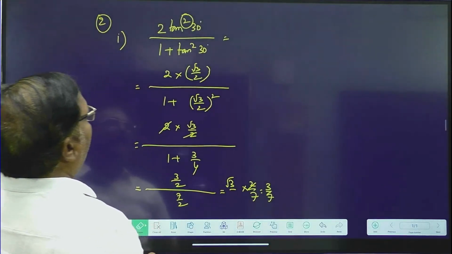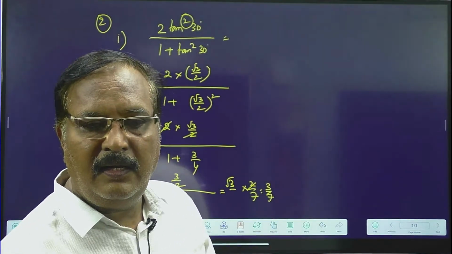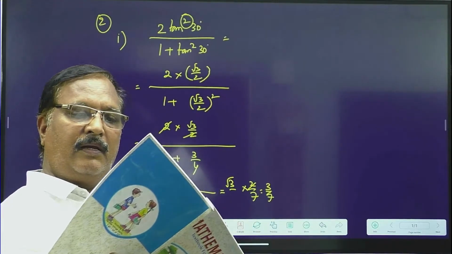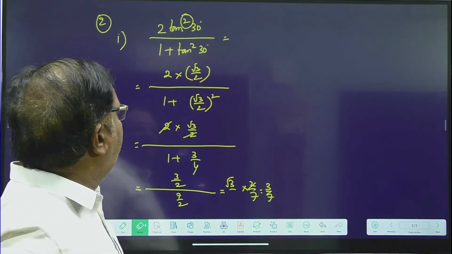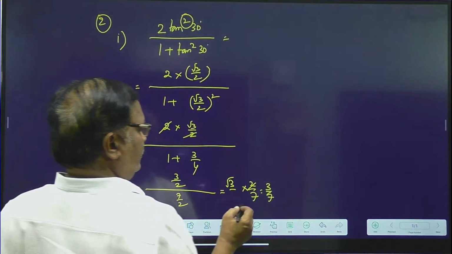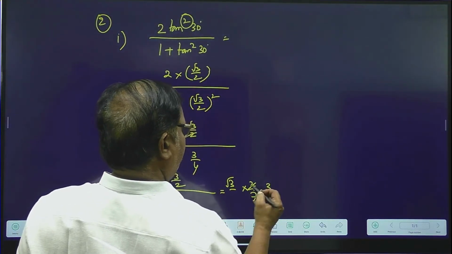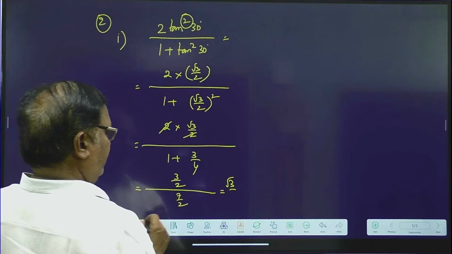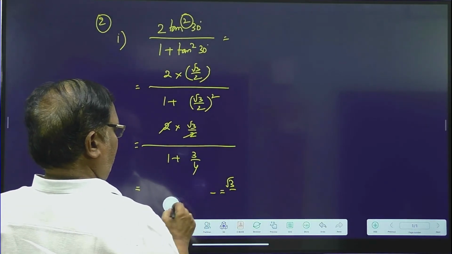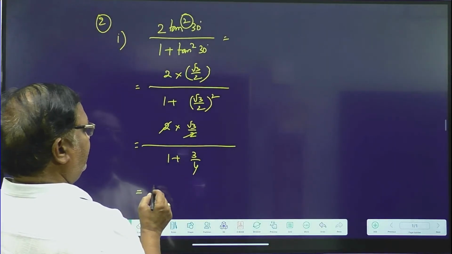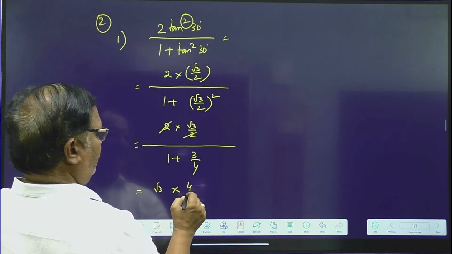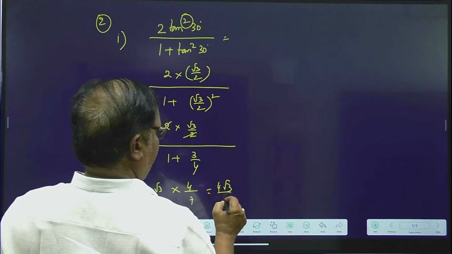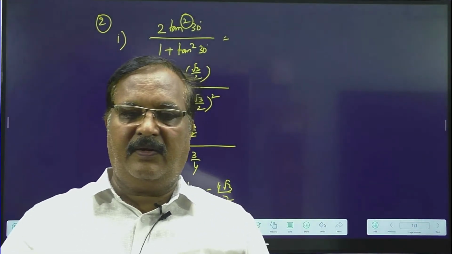Okay, and then 3 by 4, 7 by 2, even it is 2 root 3 by. So the question may be wrong. Which is equal to root 3 into 4 upon 7. So 4 root 3 by 7. So the question might be wrong.